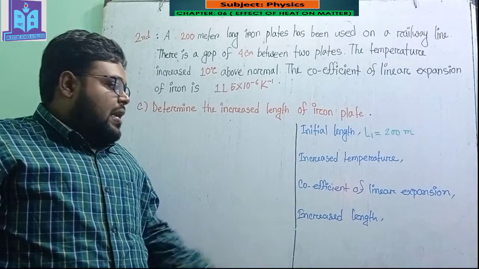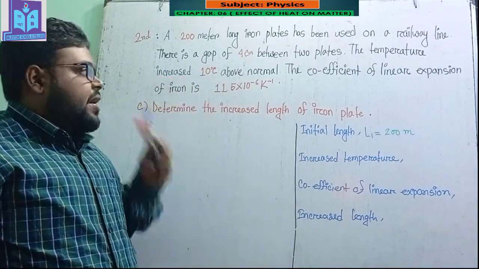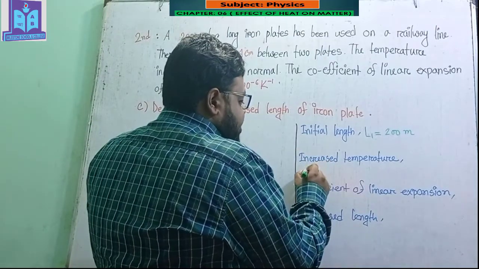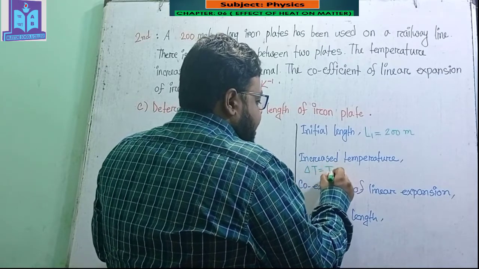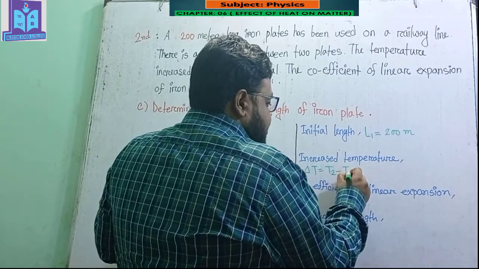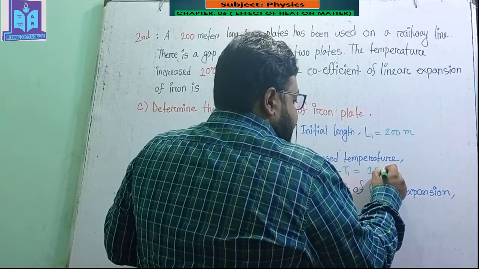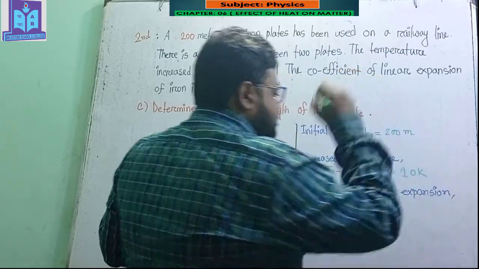The increased temperature del T, I can write T2 minus T1, equals 10 degree Celsius or 10 Kelvin.